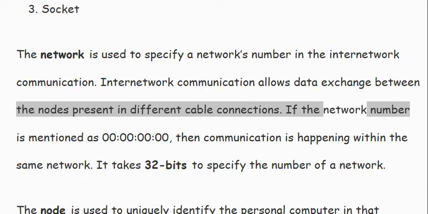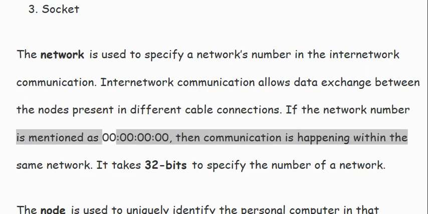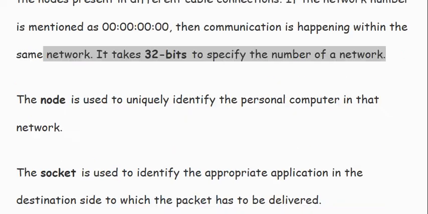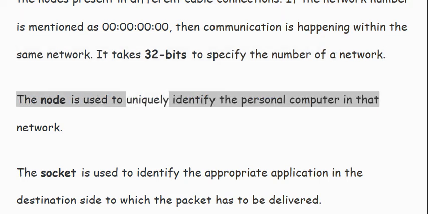If the network number is mentioned as 00000000, then communication is happening within the same network. It takes 32 bits to specify the number of a network. The node is used to uniquely identify the personal computer in that network.